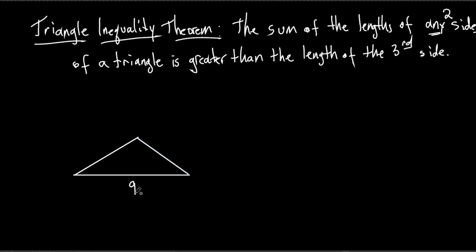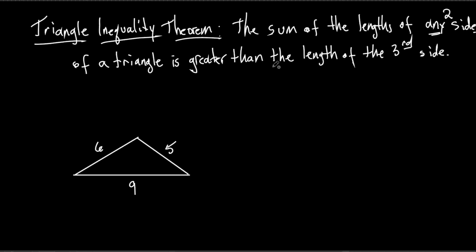But let's say this was 9, let's say this was 6, and let's say this was 5. They're going to ask you questions like this. They're going to give you 3 sides, and they're going to say, can you form a triangle with these 3 sides? I can't just take any 3 random numbers and expect to be able to make a triangle out of those 3 lengths. Okay, it's got to be something specific.